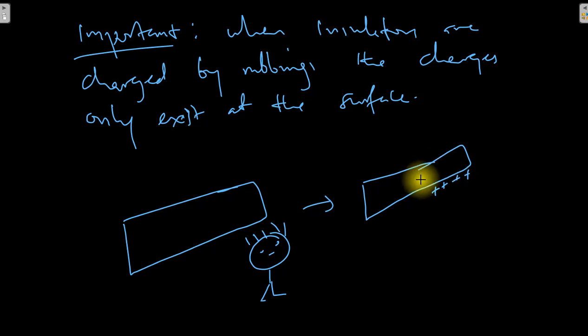The charges cannot distribute themselves inside. Okay, basically also the negative charges on the hair will reside on the surface. So that's very important to note for charging by rubbing, especially for insulators.